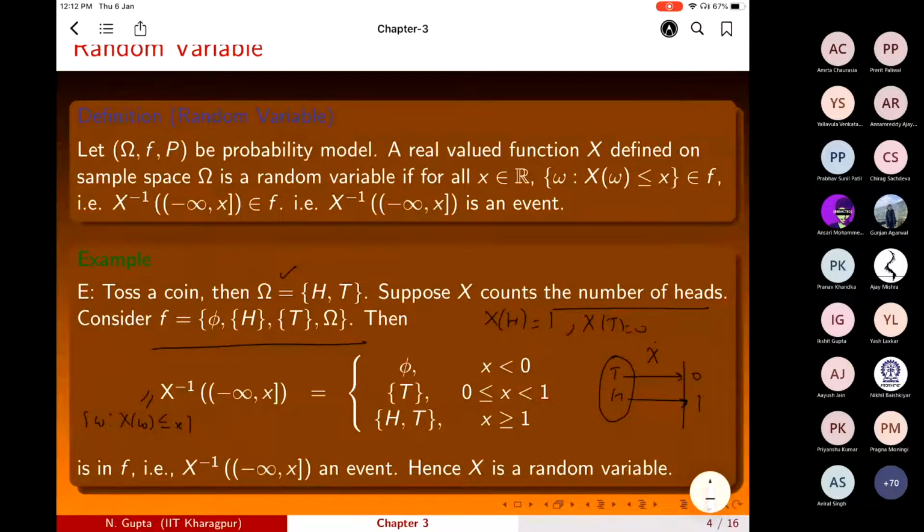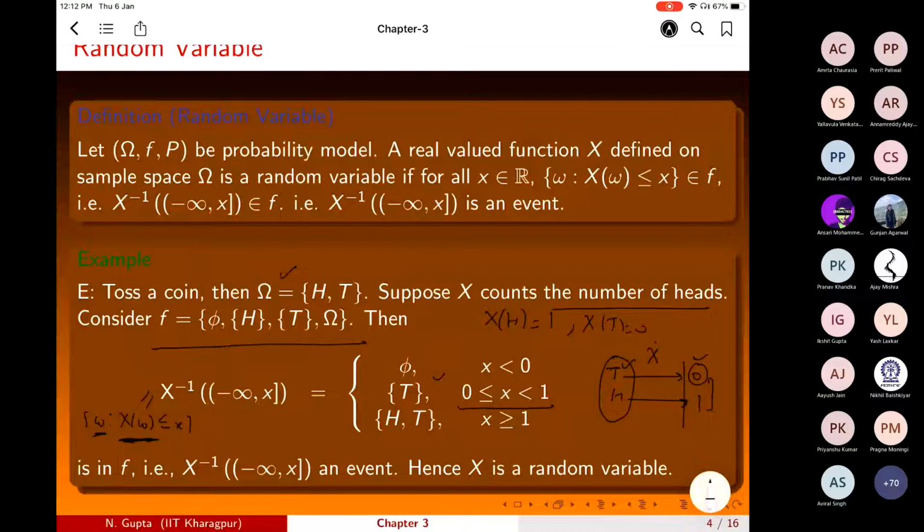So when x is less than 0, then the corresponding set of omega is nothing, phi. From here you can see when x is between 0 and 1, it will include 0 only in this case. It will contain only T. When x is greater than or equal to 1, this will include the previous case also, 0 and 1. So therefore it will contain H and T both, that is omega.